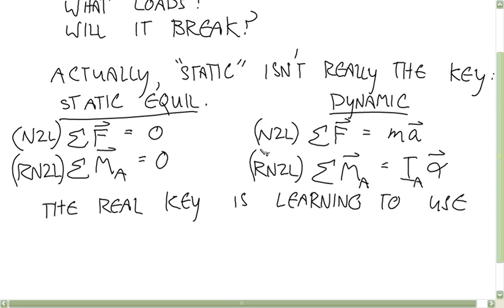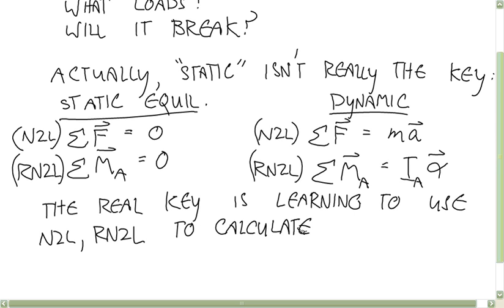The real key is to learn to use these equations, N2L and the rotational Newton's second law, to calculate reaction forces. And the methods that we're going to learn in this class would apply just as well to this dynamic condition as to static conditions. It's just that you have to know a little more about what's going on. You have to be able to calculate the acceleration and angular acceleration.